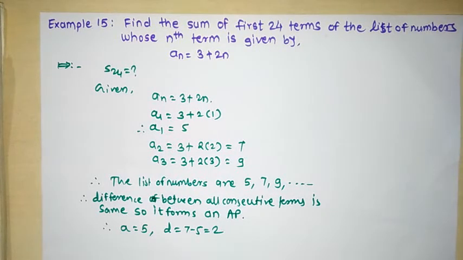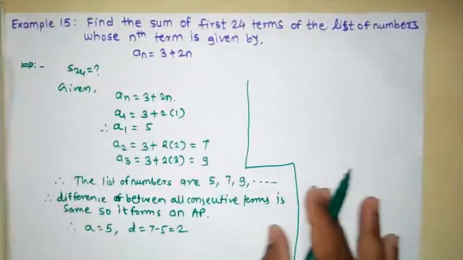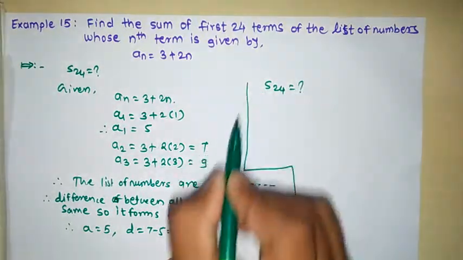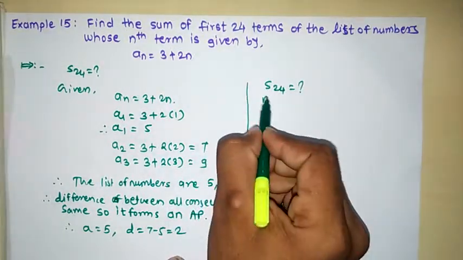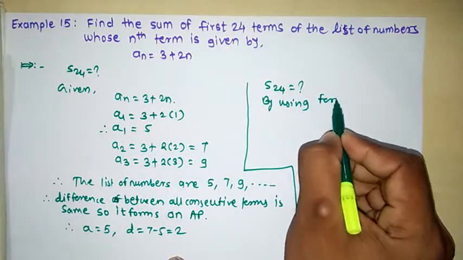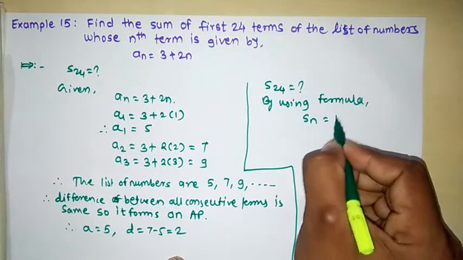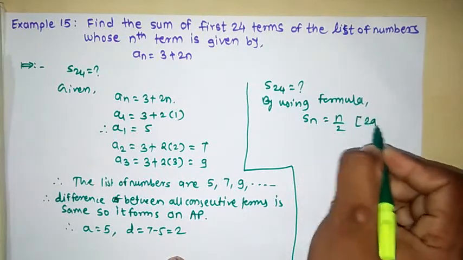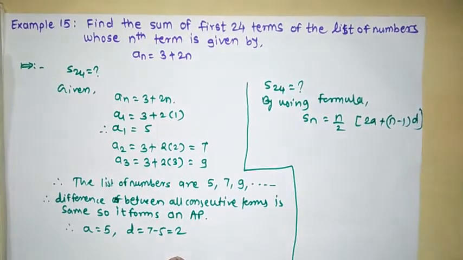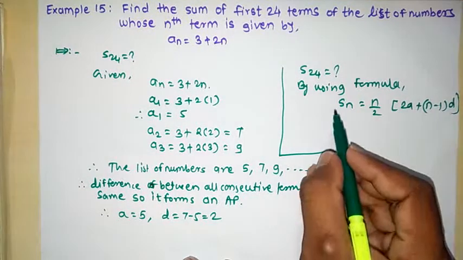Now we have to find the sum of the 24 terms. By using the formula Sn is equal to n by 2 into (2a plus (n minus 1) into d), we have to find it now.